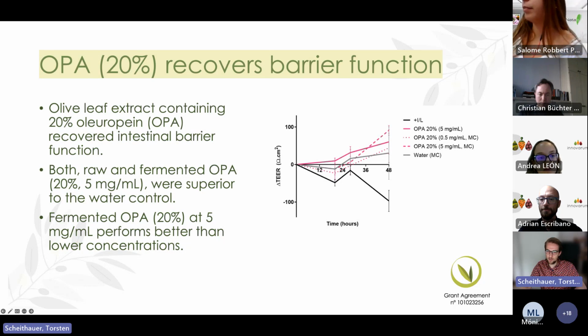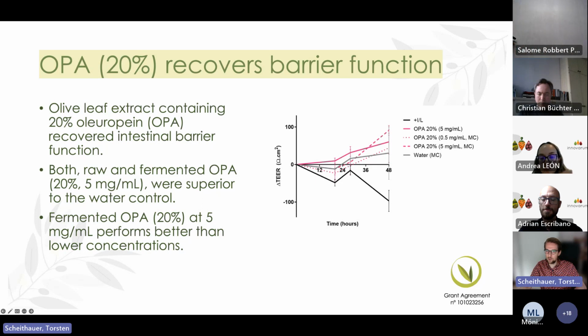Look at the value, the transepithelial electrical resistance, which shows how permeable the epithelial layer is. The lower the value, towards minus 100, the more permeable the epithelial layer is. So you can nicely see that when we induce inflammation, this permeability increases. There are more metabolites basically passing through the epithelial layer.